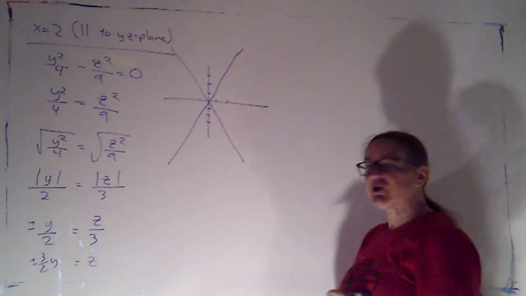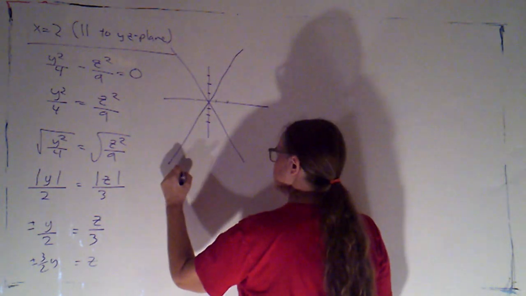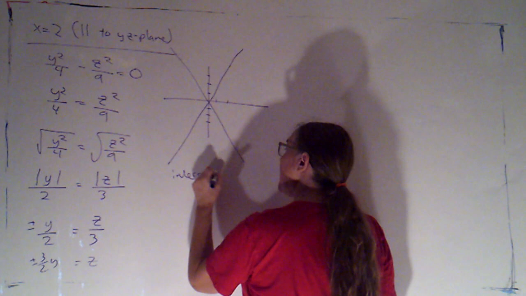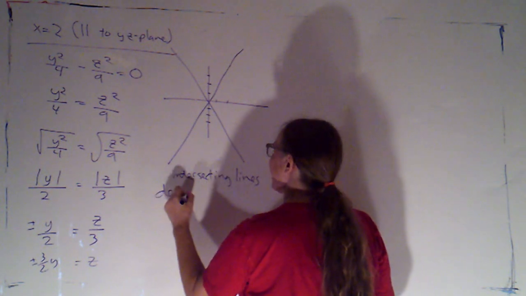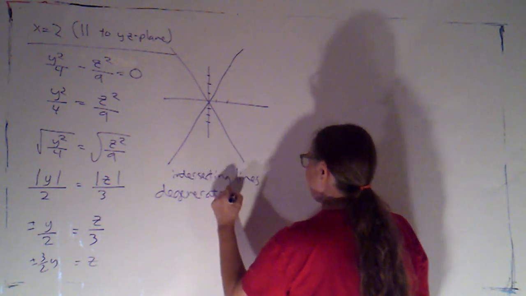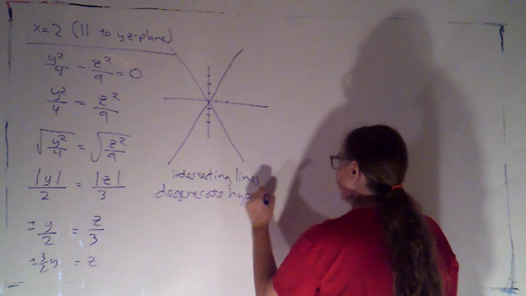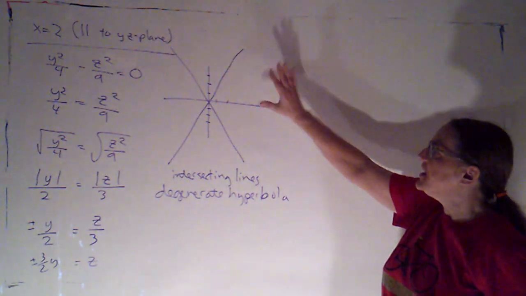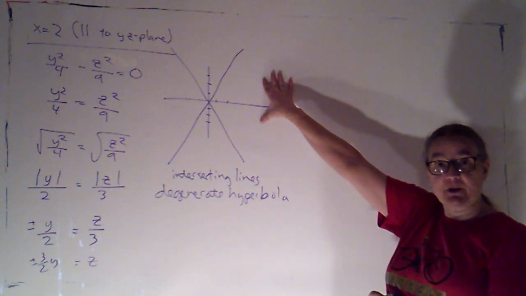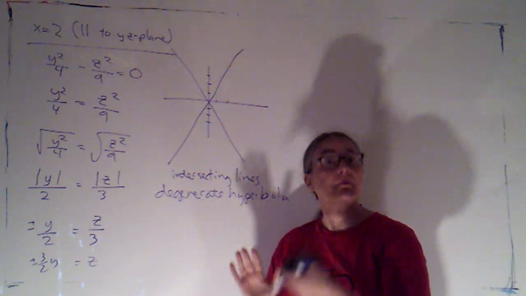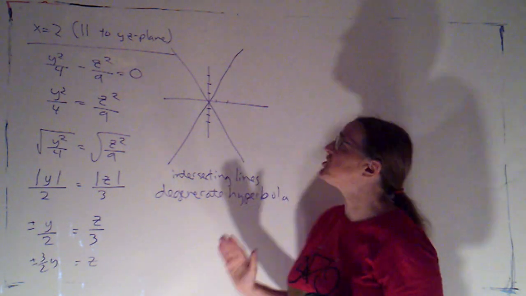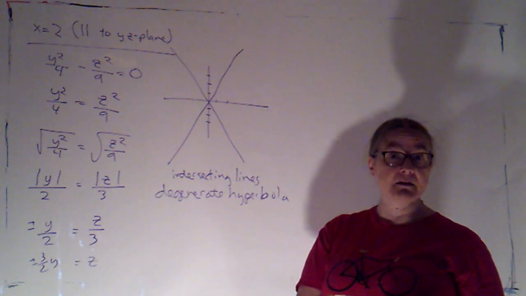So I'm getting intersecting lines. Now, intersecting lines happen to be a degenerate hyperbola. So if I get a degenerate hyperbola in this plane, I'm going to get the same type of conic section in all other parallel planes.